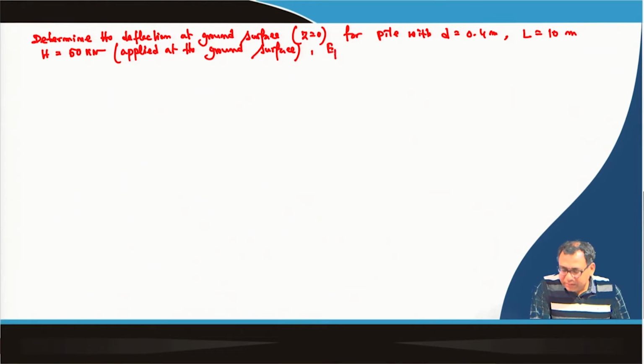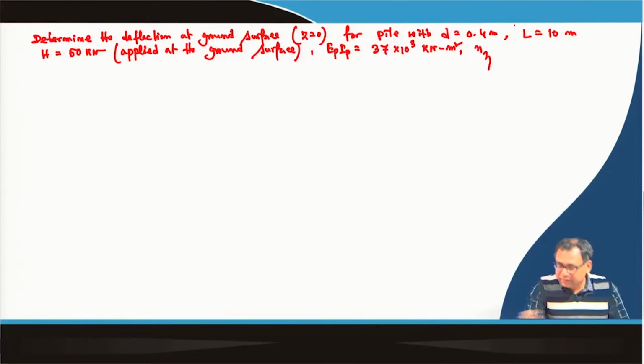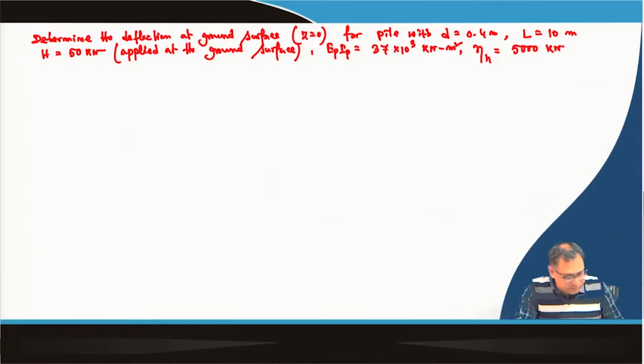Ep Ip is 37 into 10 to the power 3 kilonewton meter square. Then eta h is 5000 kilonewton per meter square per meter.